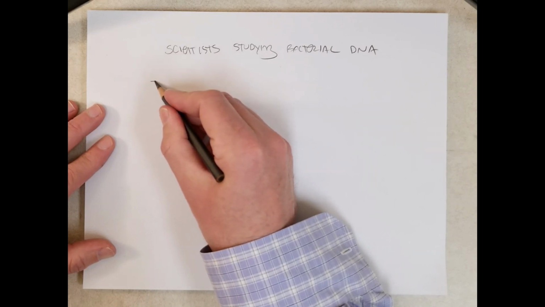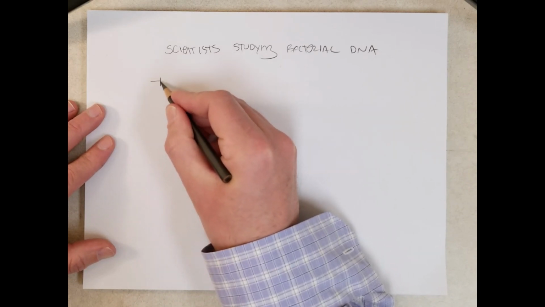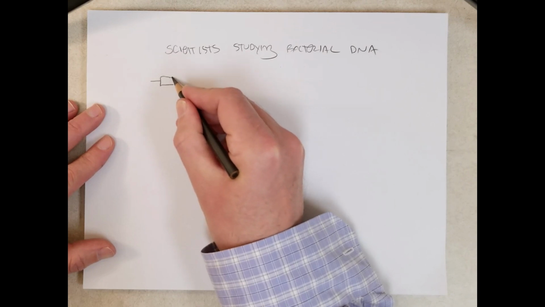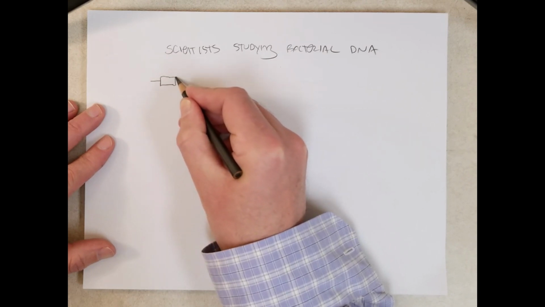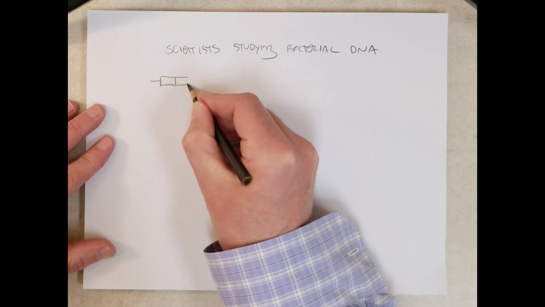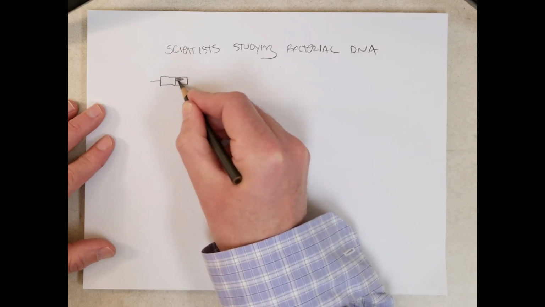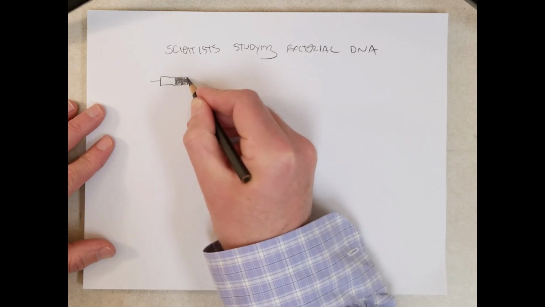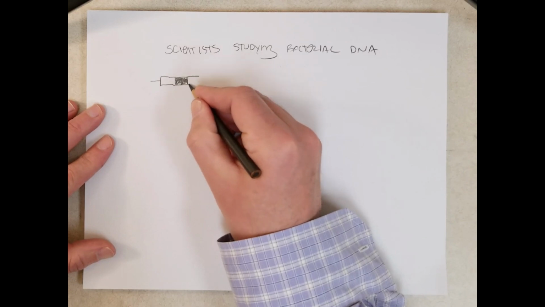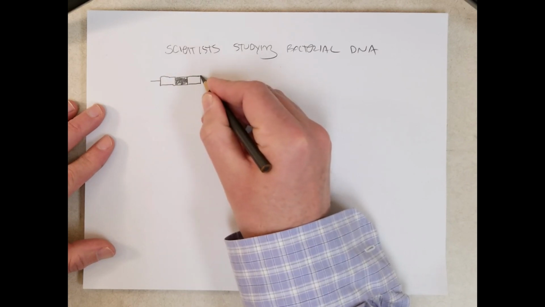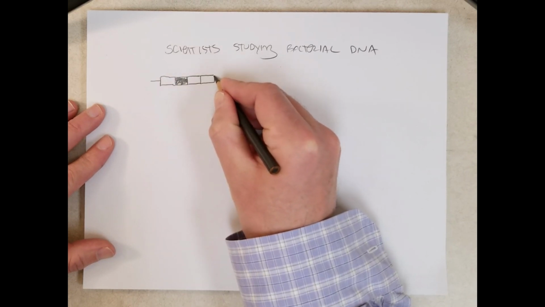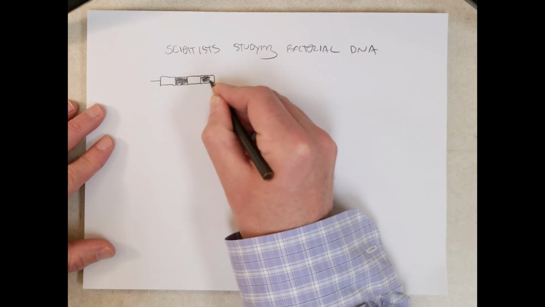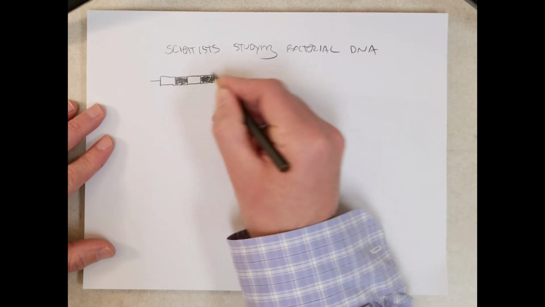And what they found, these scientists who were studying bacterial DNA, is these strange regions of bacterial chromosomes. The sequences were strange, and they couldn't figure out what was going on with these sequences.